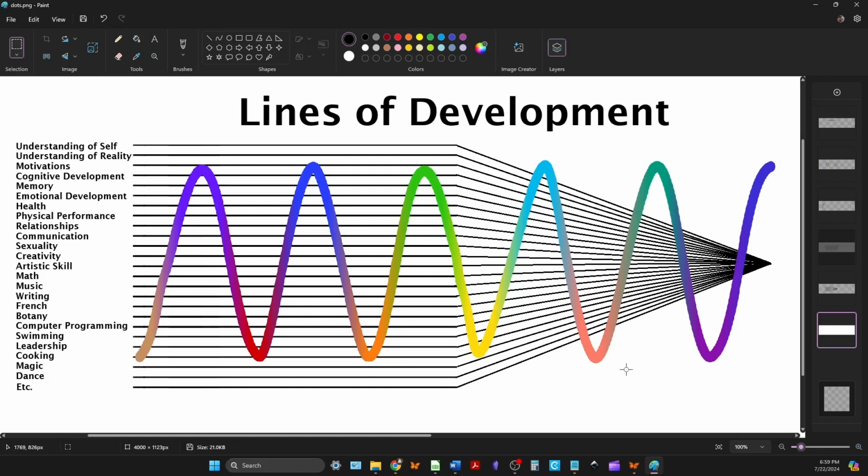So you could see this as a glass half full or glass half empty kind of situation, where in order to develop one line, you have to develop everything else. And that could feel quite daunting. Or you could see it both ways. You could also see it as whenever you develop one thing, you are developing all of the rest of them, which can feel very powerful.